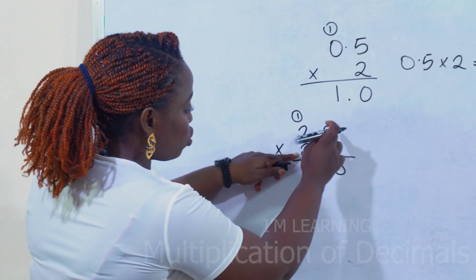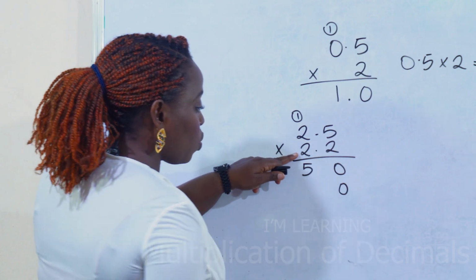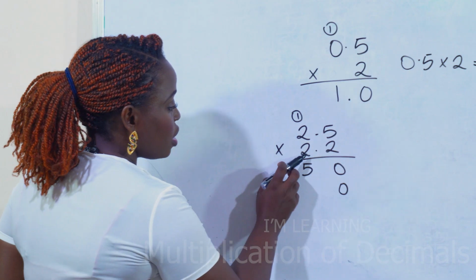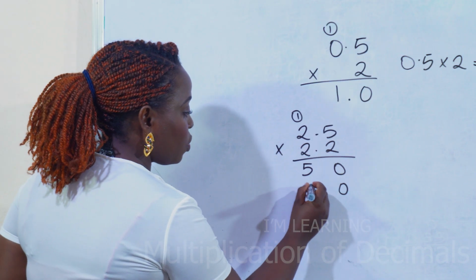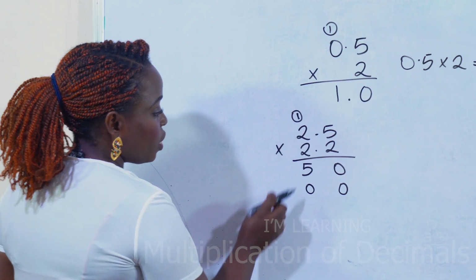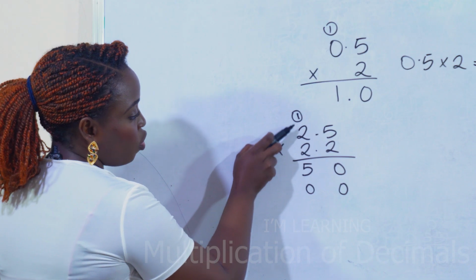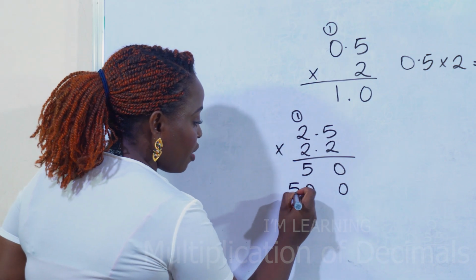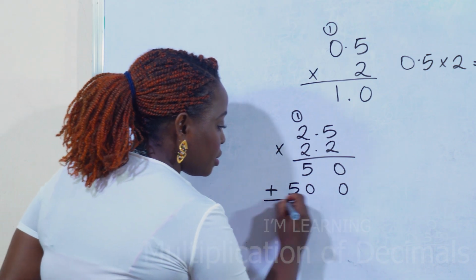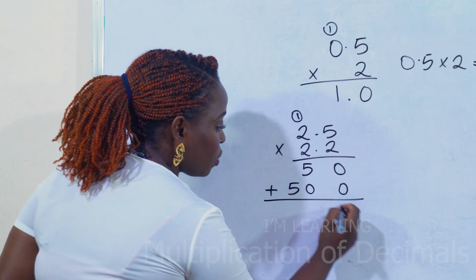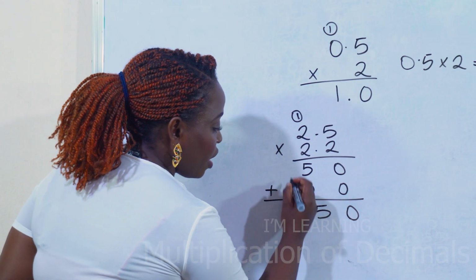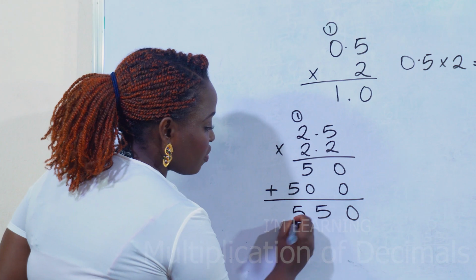Remember, because I'm using this 2, under here I must put a placeholder, which is 0. Now I start. 5 times 2 is 10, 0, and I carry 1. 2 times 2 is 4, plus that 1 is 5. Now we add. 0 plus 0 is 0, 5 plus 0 is 5, and 5 plus nothing is 5.